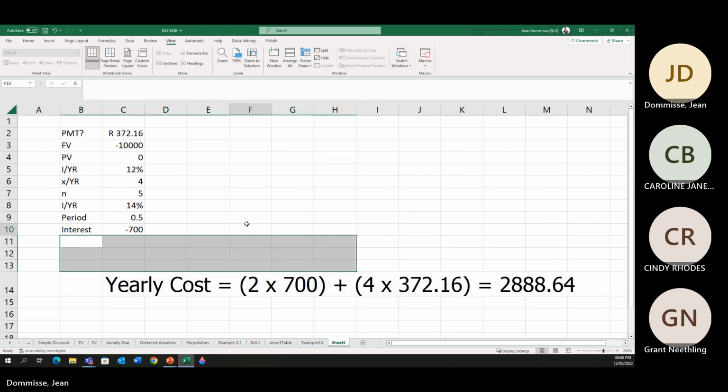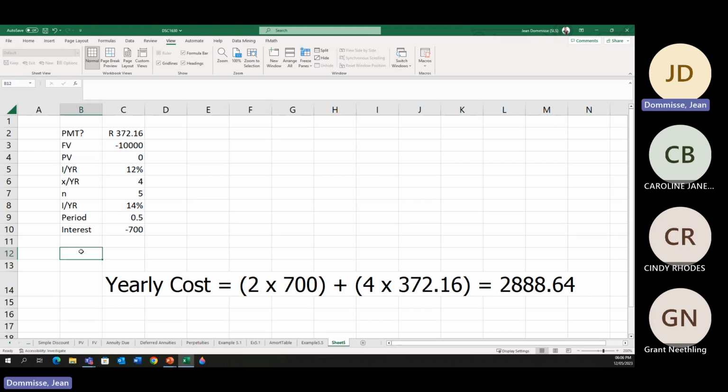Okay, so then how to work out your yearly cost is a sum of two things. If you look at your interest, it is twice the interest because there are 2 periods.